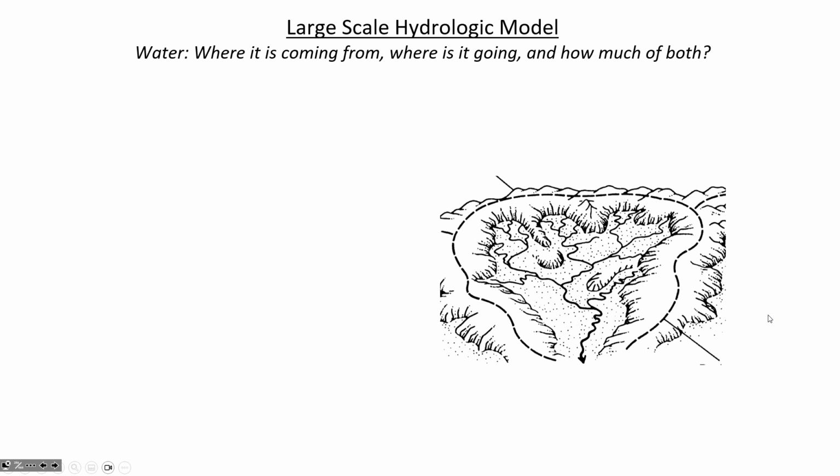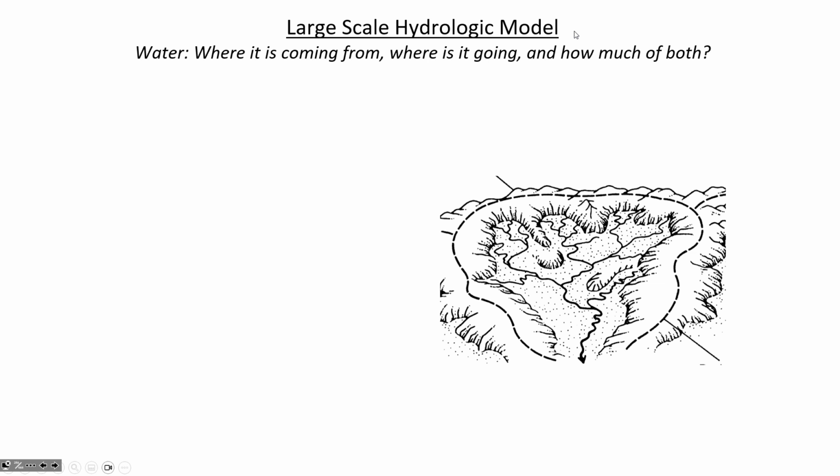So if I just pointed at a certain location on this map and I said right here, then it would be only a small area that contributes to flow at this point on the stream. But then if I point to this point on the stream, now look at all of the upstream area that's contributing to the flow at that location. So the further we go downstream, the larger the contributing area is.